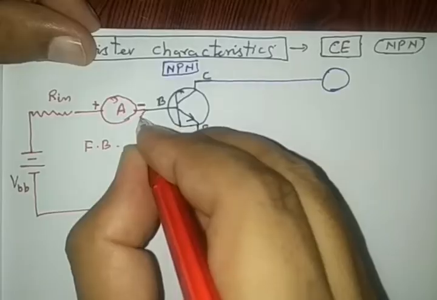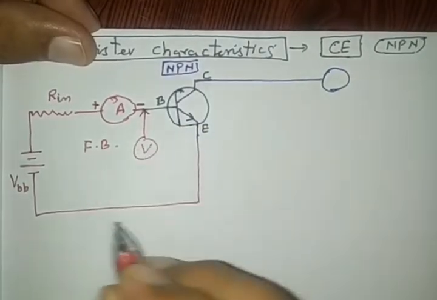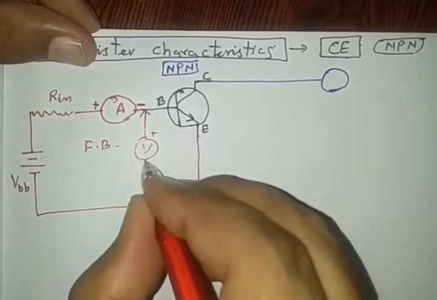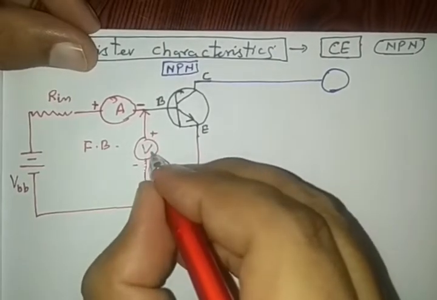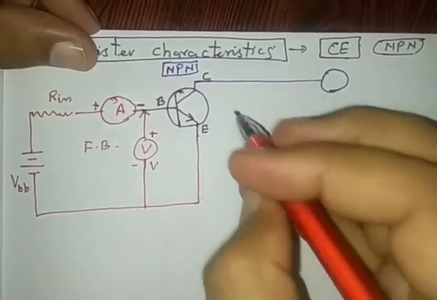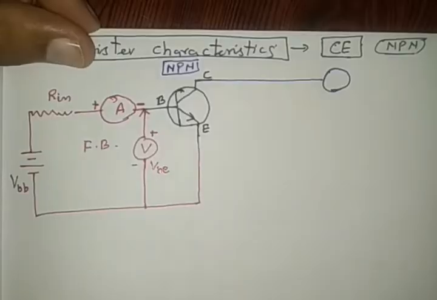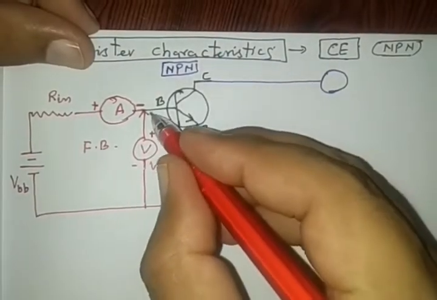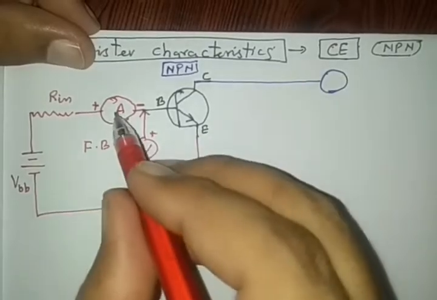Here the voltmeter is connected in such a way that positive is on this side and negative on this side. It measures the voltage between base and emitter, VBE. We know the voltmeter is always connected in parallel and the ammeter in series.